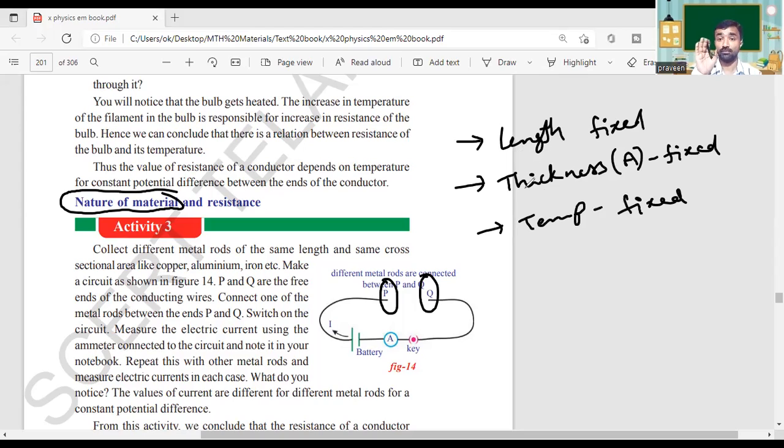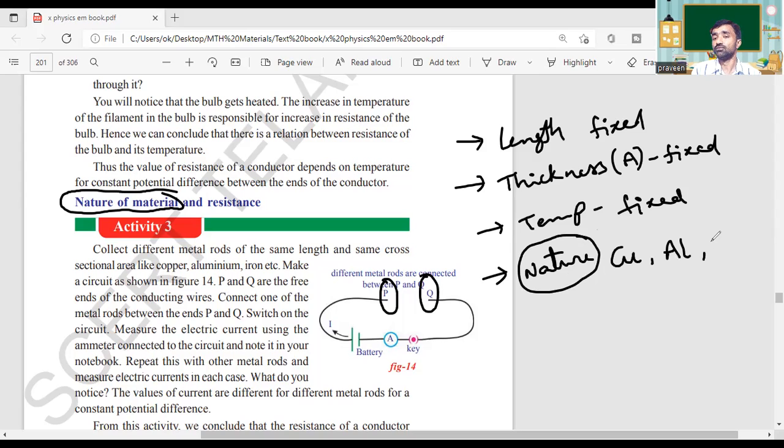Maintain the rest of the factors constant; you are changing only the nature. How do you change the nature? Nature means the substance you are using. So you are taking copper, aluminum, and one more, iron.